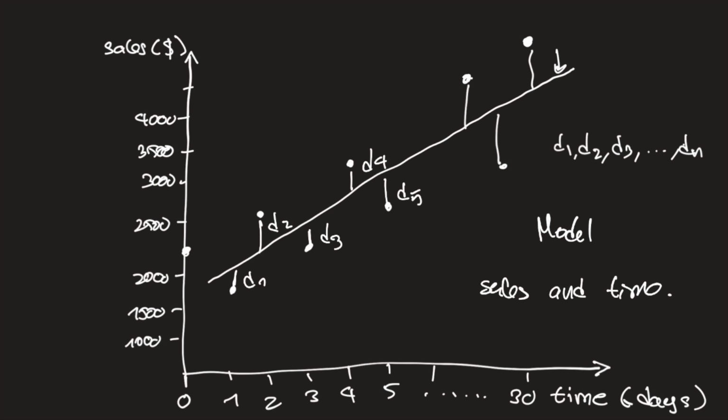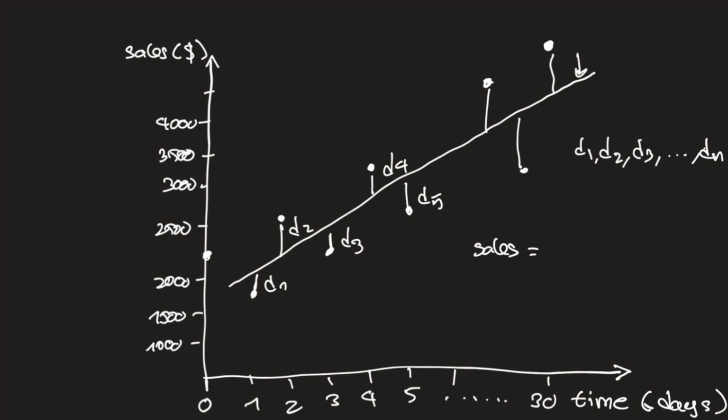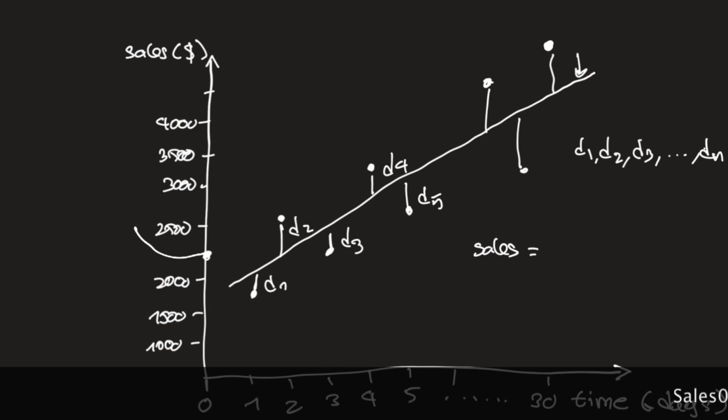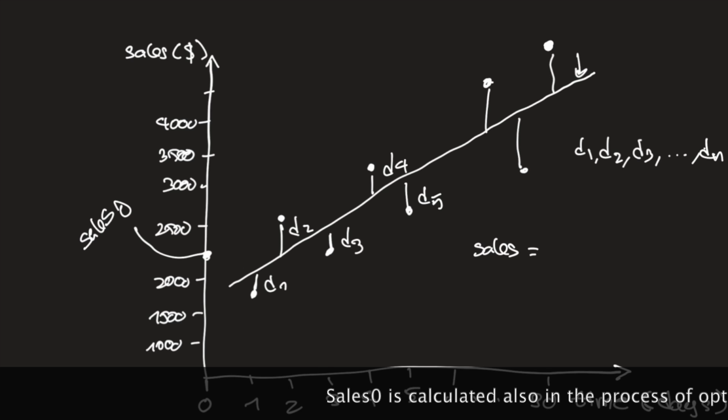Now, in this particular case, because we are drawing a line, we are going to say that the relationship is going to be a line, right? So we say that sales is going to be the initial sales that we had at the first day. So this is this point here. We put this little 0 down there to indicate that it's the initial sales.